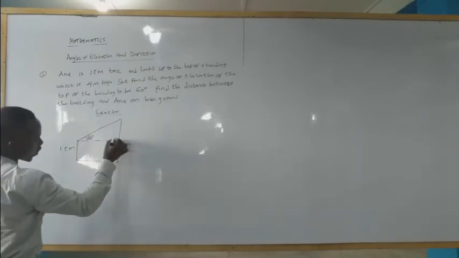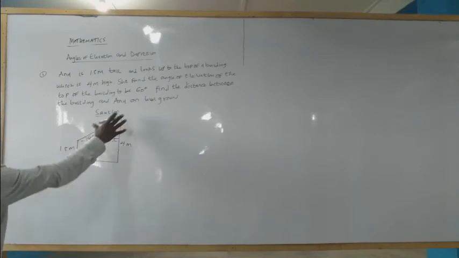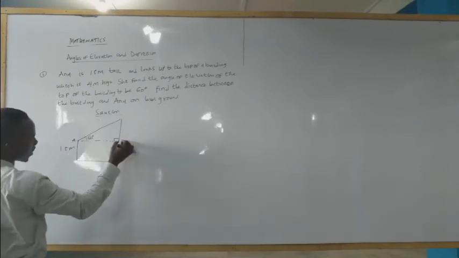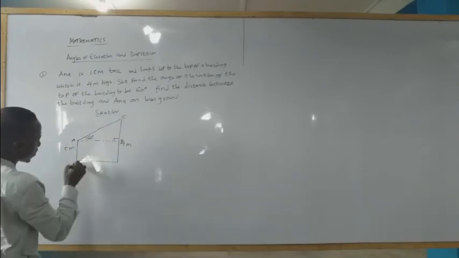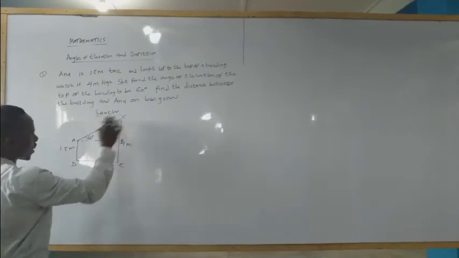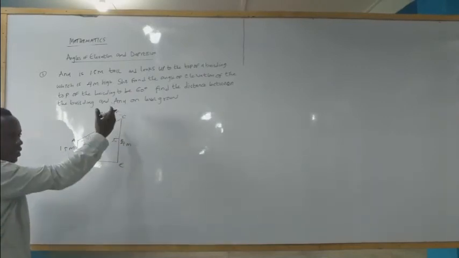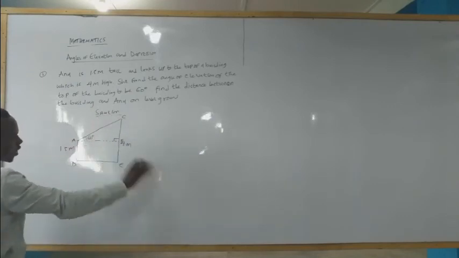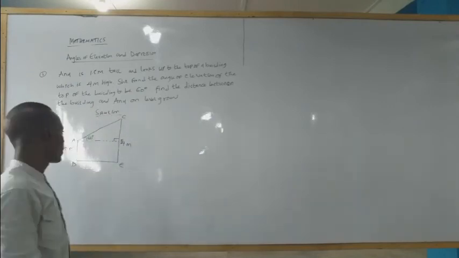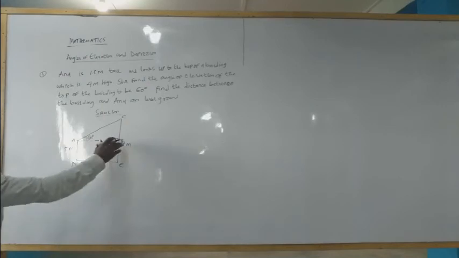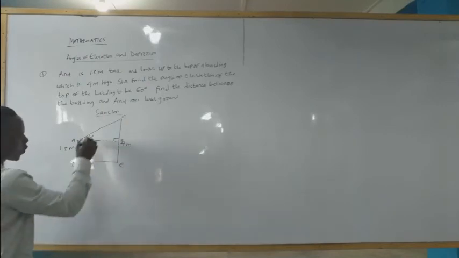This one is a right angle triangle. Let us assume this A, B, and C, D and E. A, B, and C is a right angle triangle because this one is standing tall, high, straight, and this one is the eye level. So from here, we have 60 degrees.